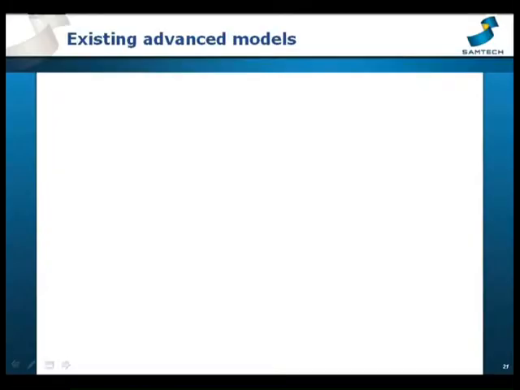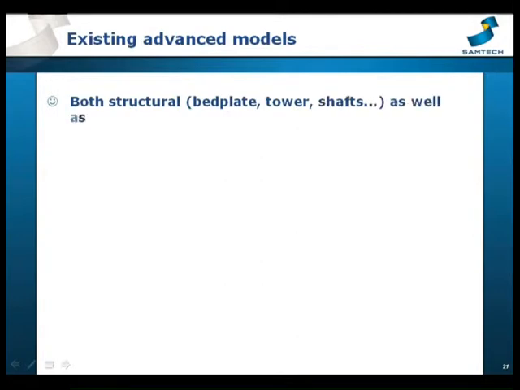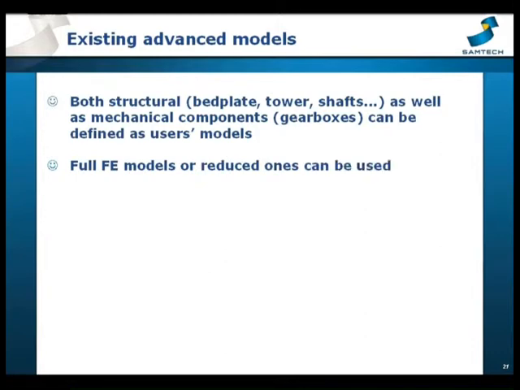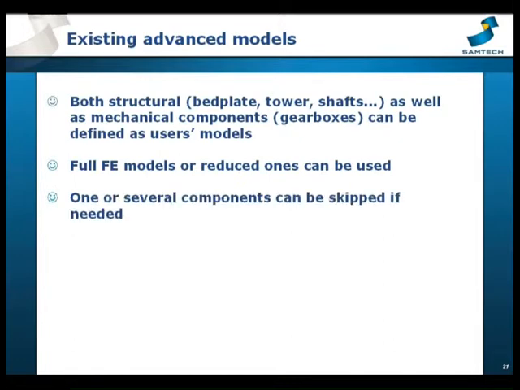So let's sum up the advantages of the openness of our tool to new components. First of all, it makes little difference to SAMSEF4 wind turbines whether the new component is a structural or a mechanical one, since connections are defined in the same way. In the case of structural components, you can use either full finite element models or reduced ones. If needed, you can simply remove one or several components, for example, in the case of a direct drive turbine.